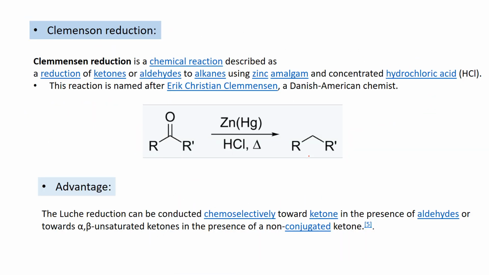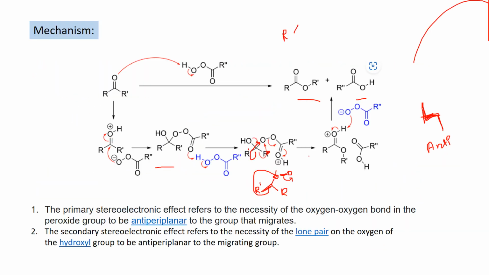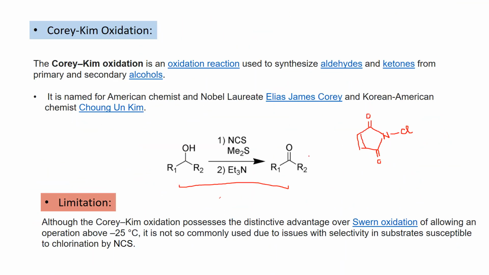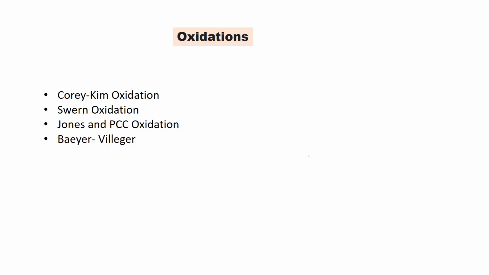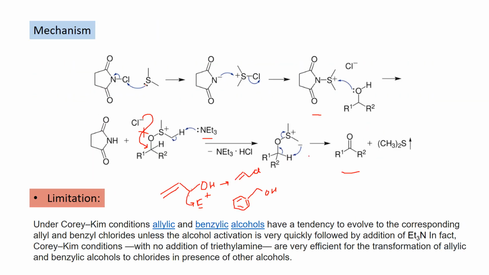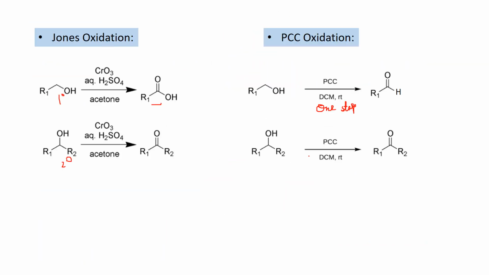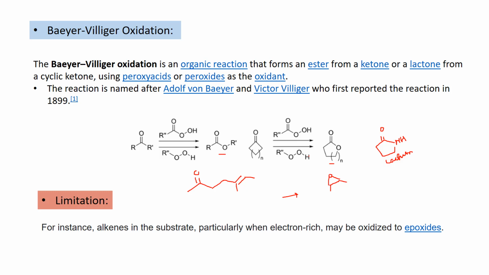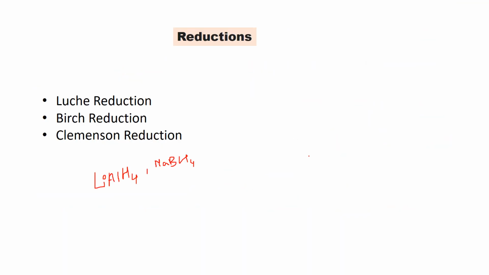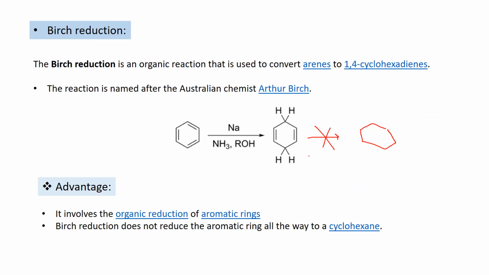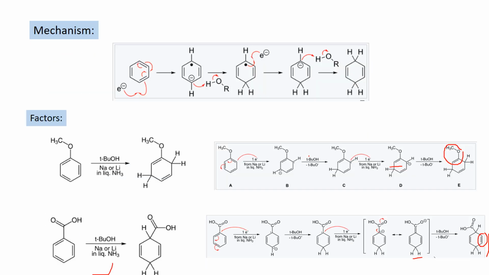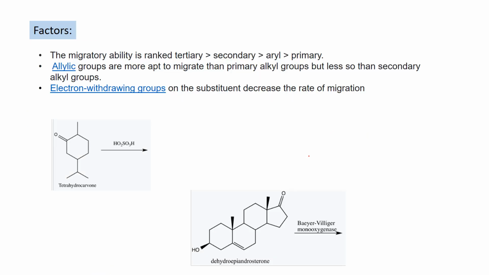Thank you everyone, so this much for today's class. I'll just give an overview. We have discussed different types of oxidation reactions: Oppenauer followed by this mechanism, Swern oxidation, this mechanism, Jones, PCC, Baeyer-Villiger oxidation, this mechanism, Lucas reduction, Barton oxidation, and also these two problems are remaining.